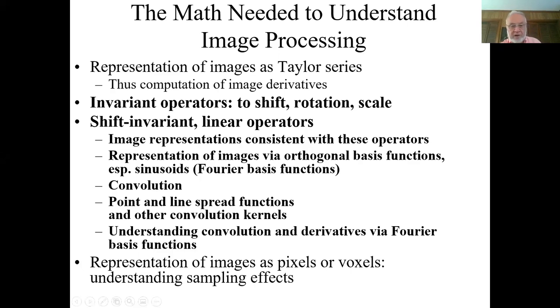And we're going to be talking about all these topics underneath this. And this is going to take like a third of the course. So this first topic is going to go quick. And then this next topic, shift invariant linear operators, is going to actually take us quite a few lectures. Okay?